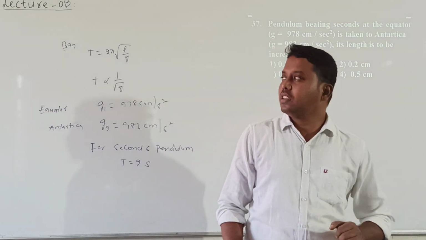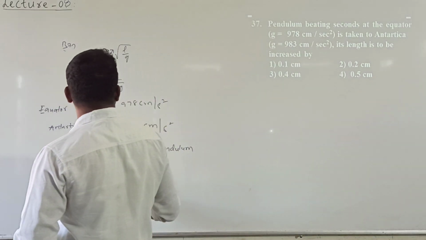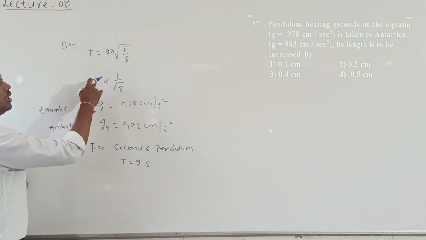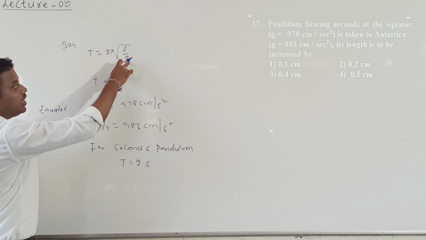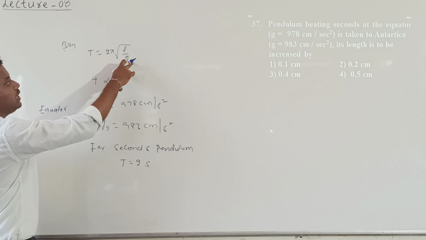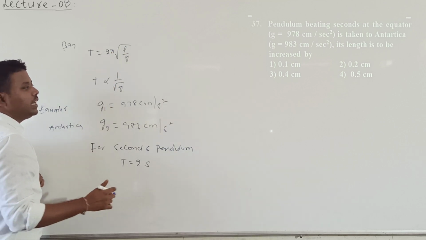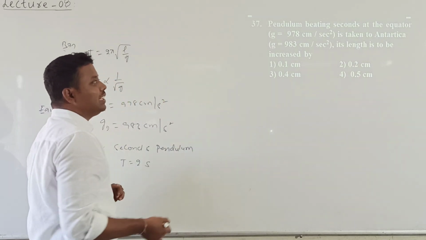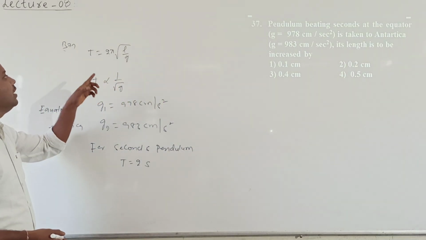The length value. Whenever G increases, T decreases, so to maintain the same T value, the length value should be increased, not decreased.